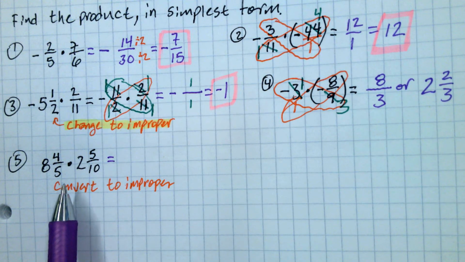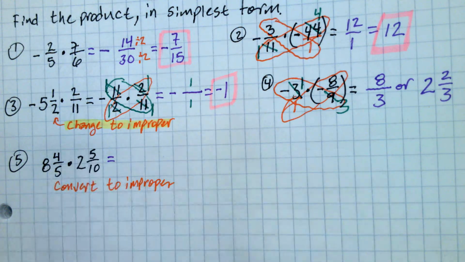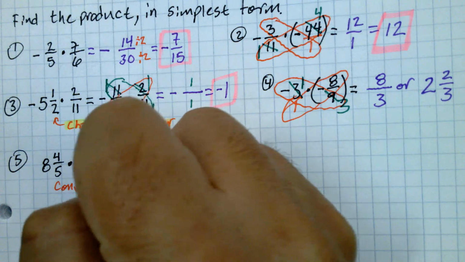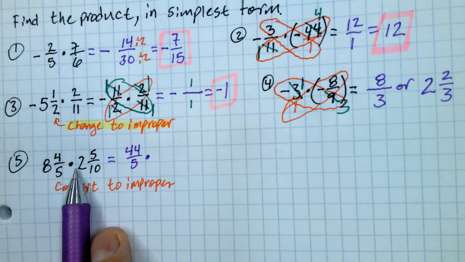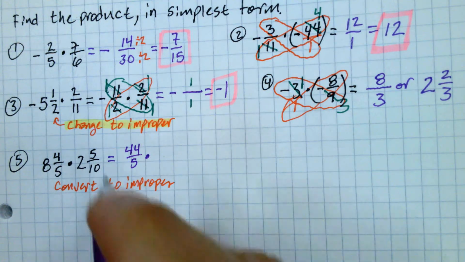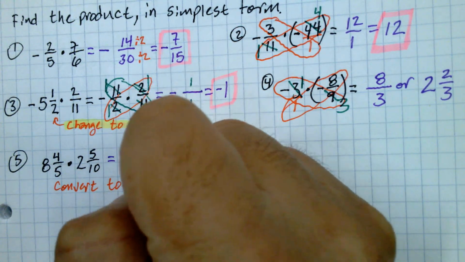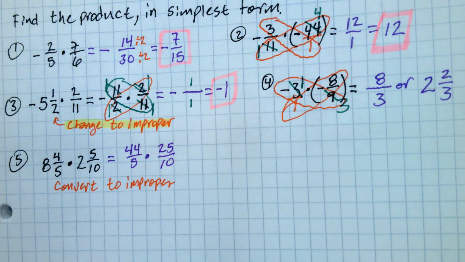Okay. So let's see. 5 times 8 is 40. And 40 plus 4 is 44 fifths. Times, we get 20, and plus 5 is 25 tenths.